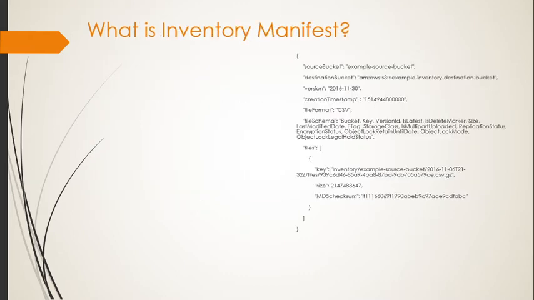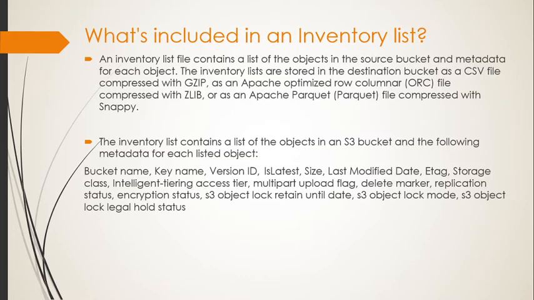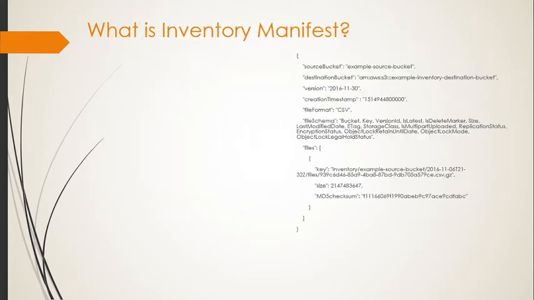So what is the inventory manifest? In the last slide we said you will get the inventory file list with a manifest file. So what is the manifest file? When the inventory file is generated, you get the inventory file list along with the manifest.json file.